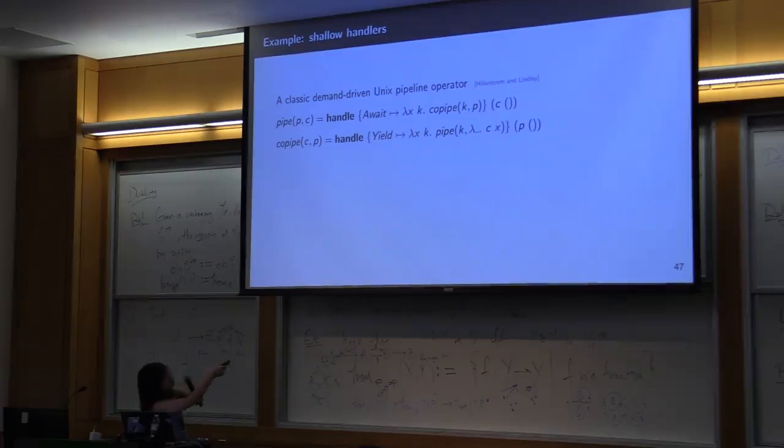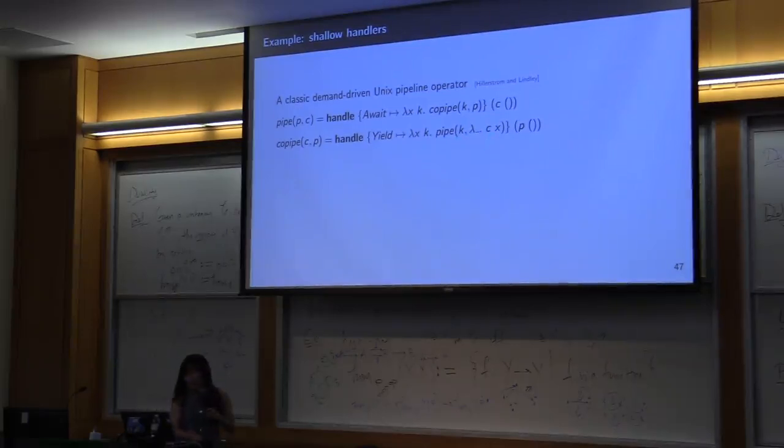It's a different yield from the other yield, but it yields a resource X that the consumer wants. Then you pass this resource X to the consumer, and switch the control to pipe again.